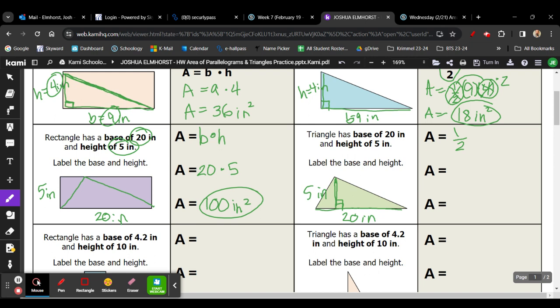Put the triangle 1/2 in the formula, 1/2 base times height. 20 times 5. 20 times 5 is 100. 100 divided by 2 is 50 inches squared.